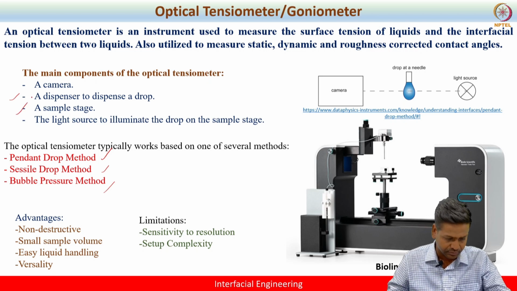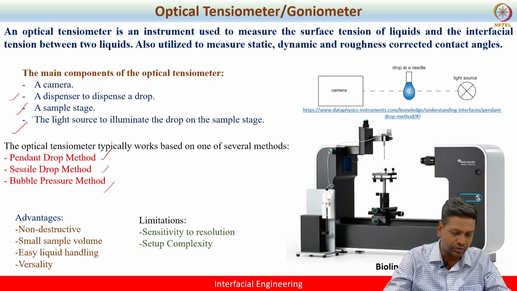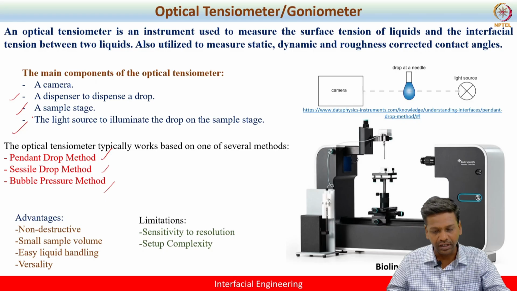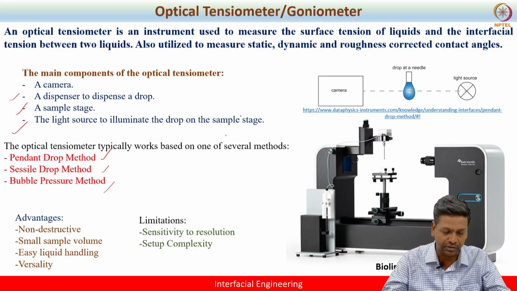Then you have a sample stage, which can be moved up and down manually or automatically. Then you have a light source, which will help you capture the droplet image on the sample stage.